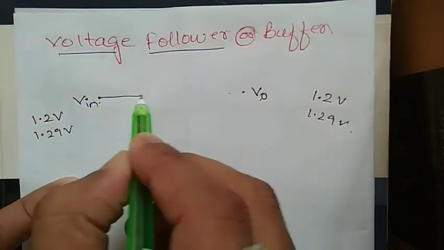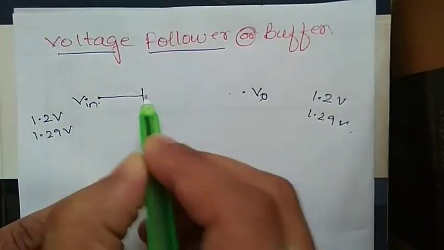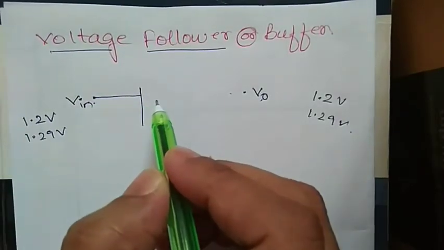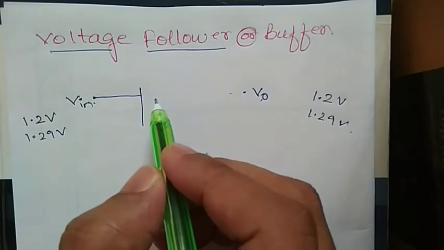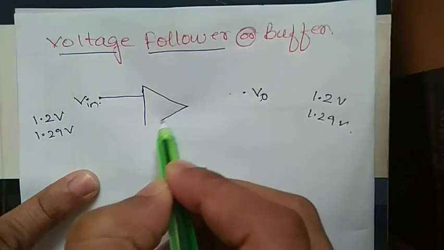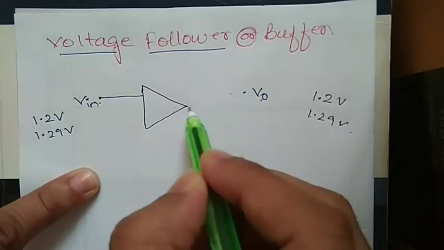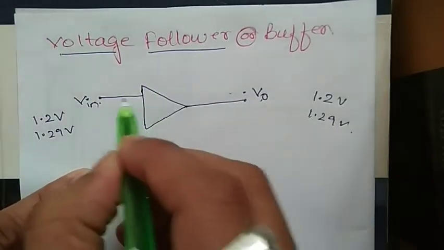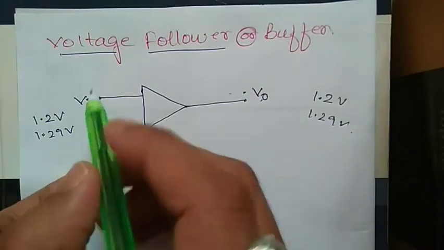This is one of the main applications of your op-amp. So what we have to consider is the input follower, right? The basic circuit is like this. This is your output and this is your input.